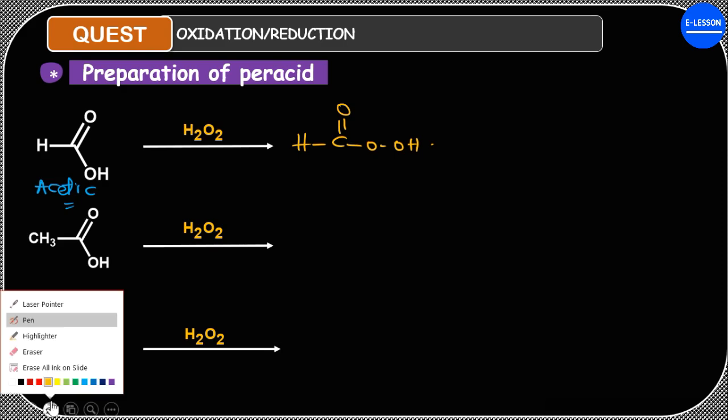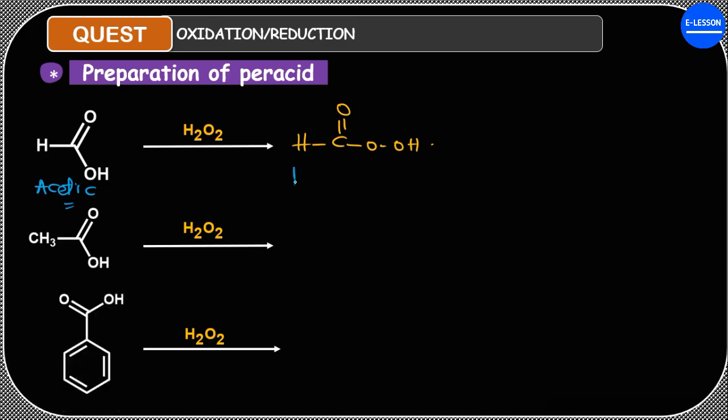So I will naturally call this product peracetic acid. Similarly, this is formic acid, HCOOH, so you call this performic acid.